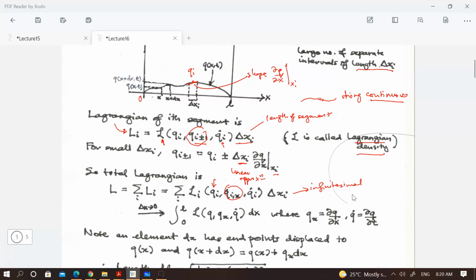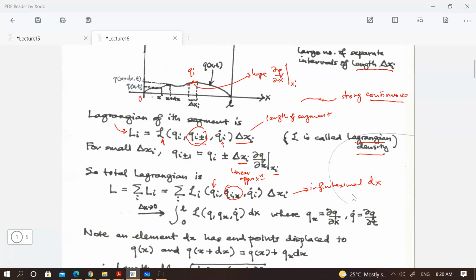Here you can make it infinitesimal, so you put it as a dx. Once you make it infinitesimal, then this sum will change to an integral. So essentially, what do we have here?